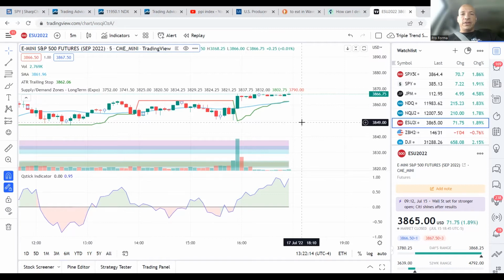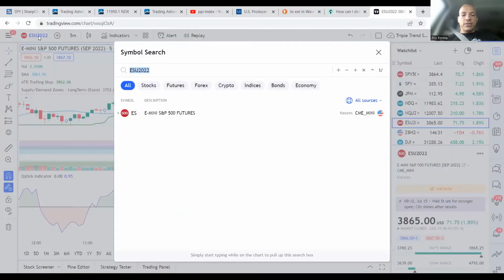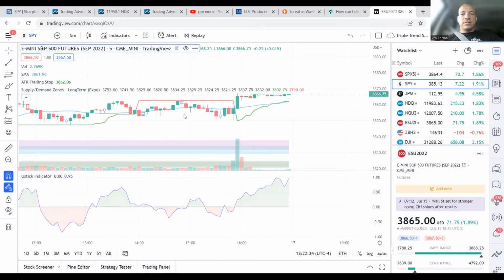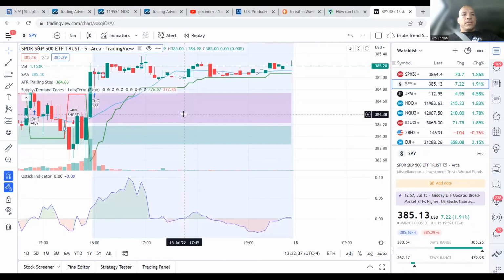I use it often. What I use are options. So an options contract, 1 contract represents 100 shares of the instrument you're trading, the SPY. So basically the SPY is currently, let's check it out, at 385.20, for example.